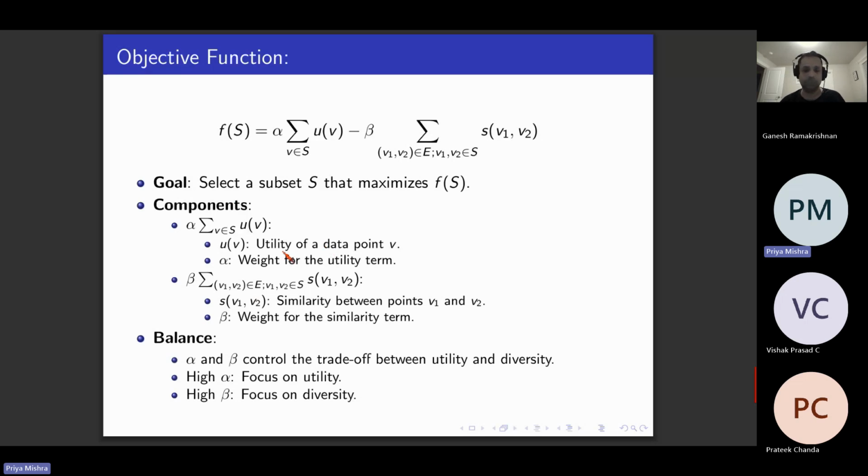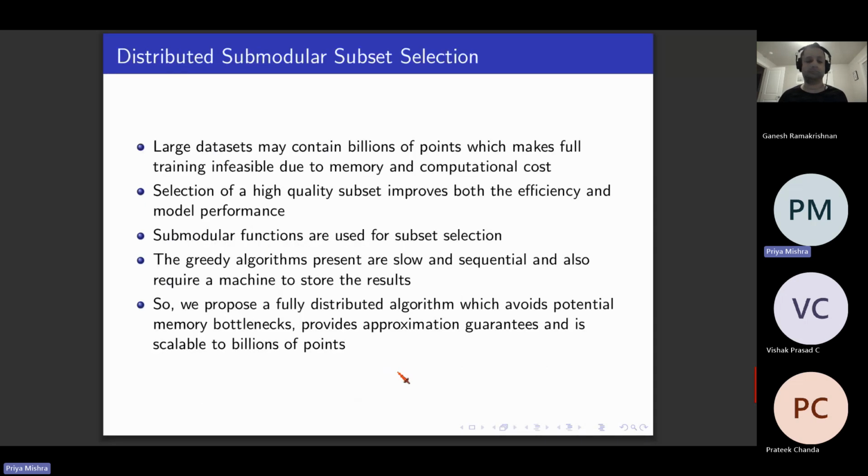U of V is the utility of a data point V. Alpha is the weight of the single utility term, I mean alpha sigma of U of V is the weight given to utility, and beta is the weight given to the diversity term. These control the trade-off between utility and diversity. High alpha focuses on utility, and high beta focuses on diversity. And I hand over to Charan Singh.